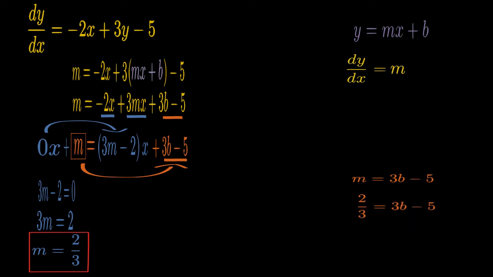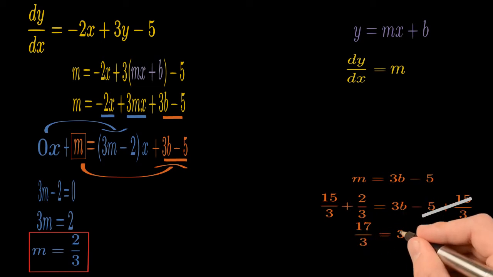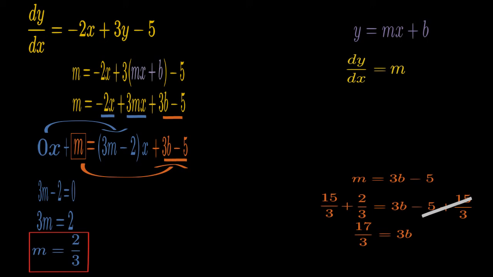We could add 5 to both sides, which is the same thing as adding 15/3 to both sides. So let's do that. 15 over 3 plus 15 over 3. These cancel out. That's just 5 right over there. On the left-hand side, we have 17 over 3 is equal to 3b, or if you divide both sides by 3, you get b is equal to 17 over 9.